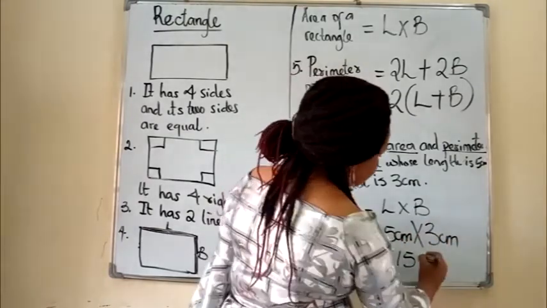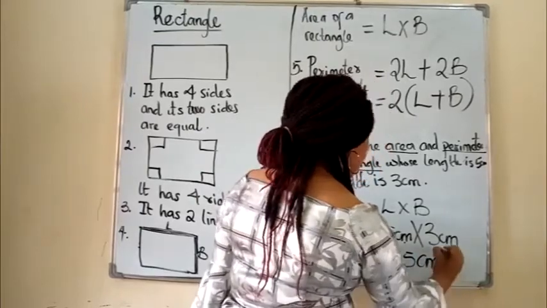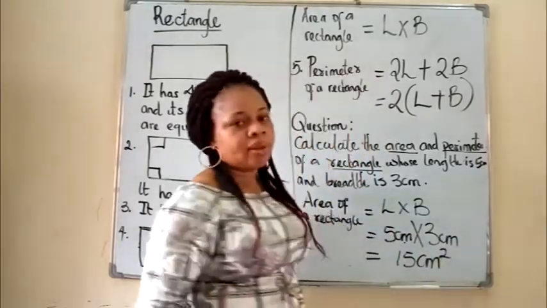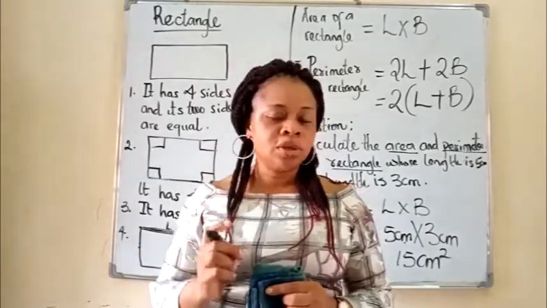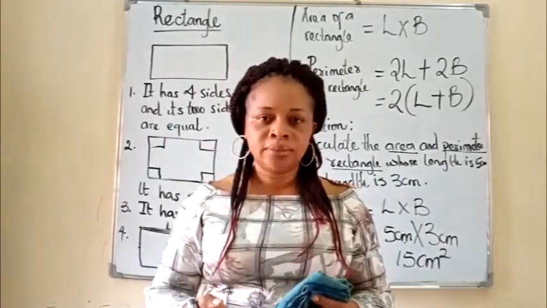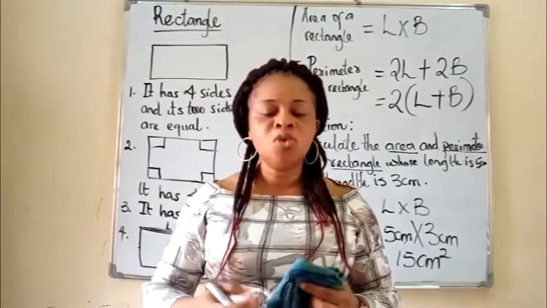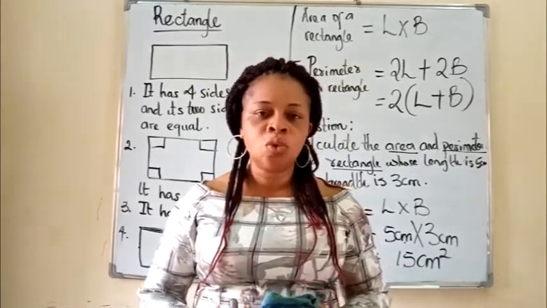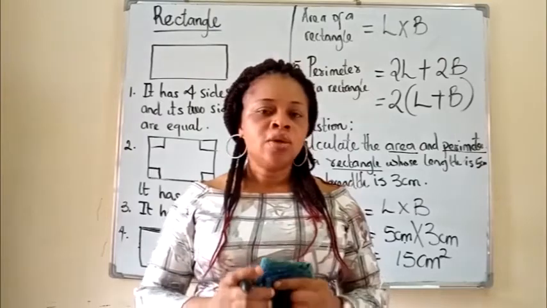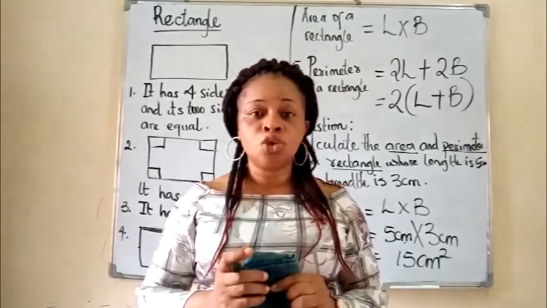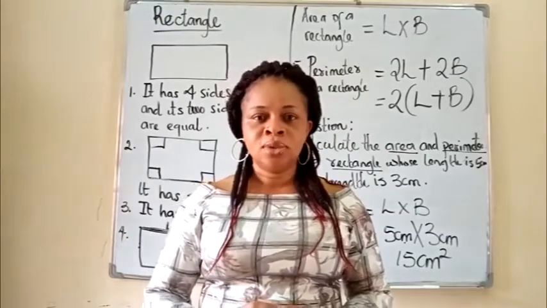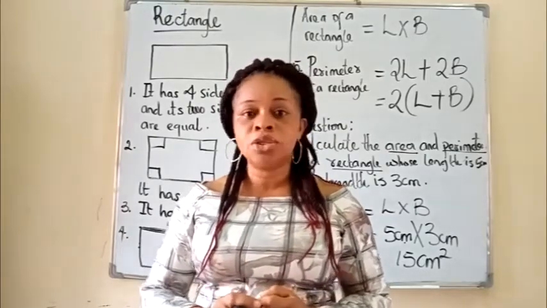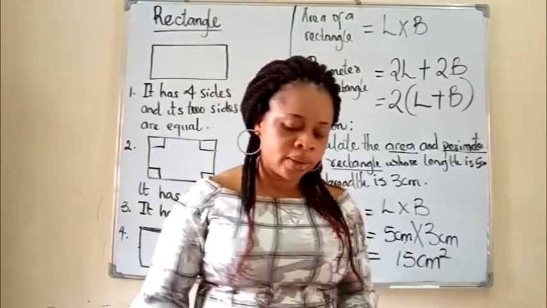Centimeter times centimeter will give us what? Centimeter square. The area of a shape is measured in units squared. There must be units squared. When you don't put the units squared, we won't be sure of what you are actually calculating. So the area of a shape is measured in what? Units squared.